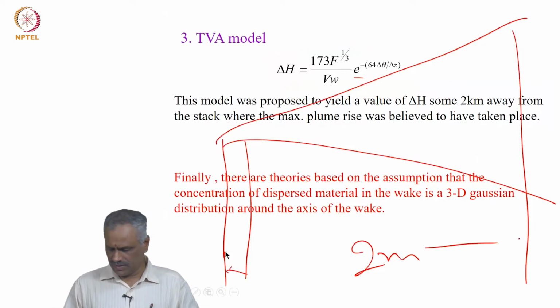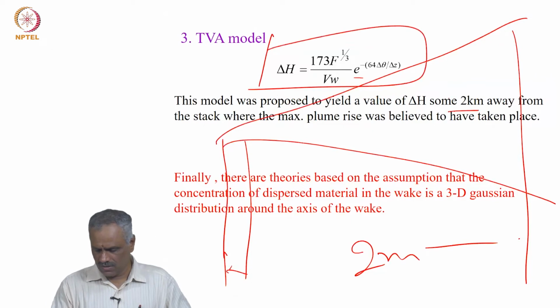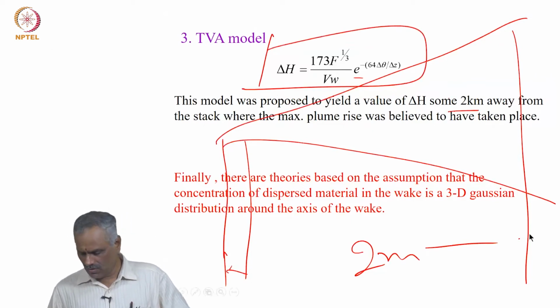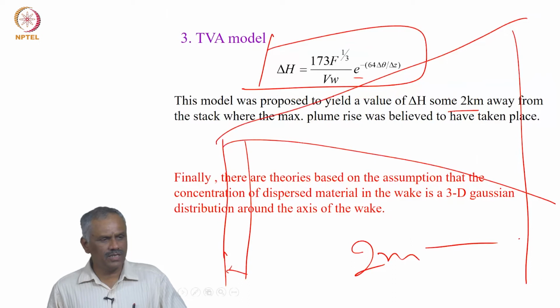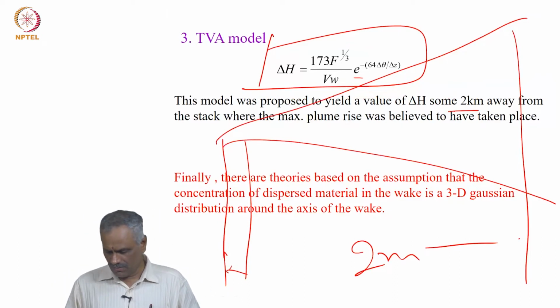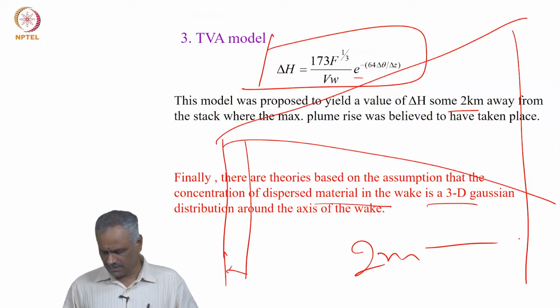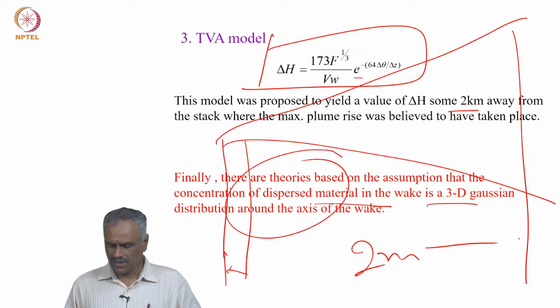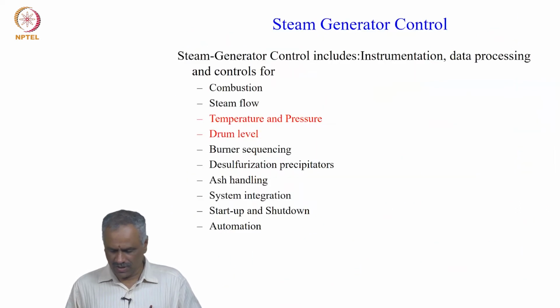That is what I am trying to tell, this model. And it may touch even the ground because there are different plume distribution models which I am not discussing here, but do not worry about that, this is important here. There are several theories based on assumptions and based on the wake, based on 3D Gaussian distribution and so on, but do not worry about all this. Some of these you try to remember.